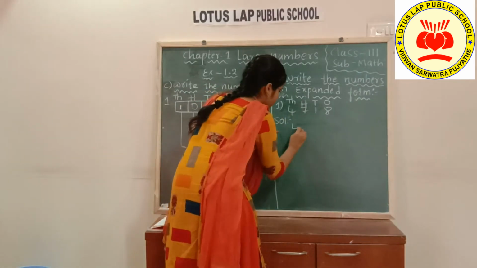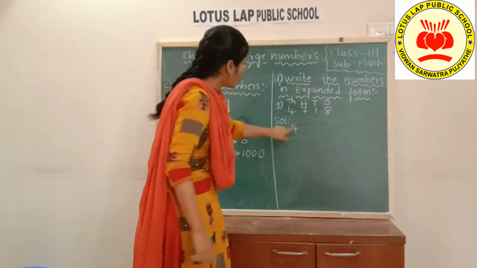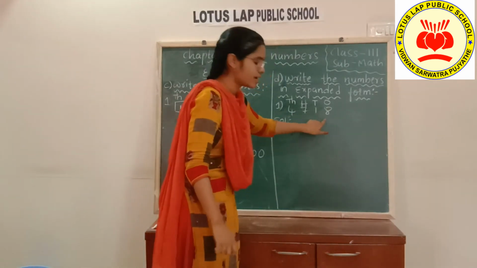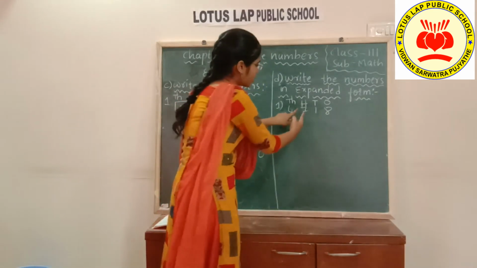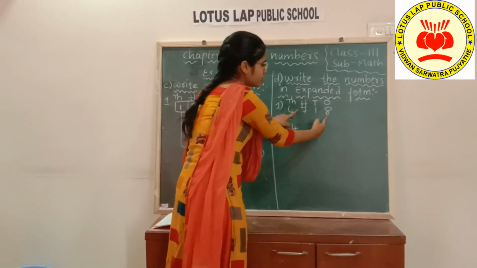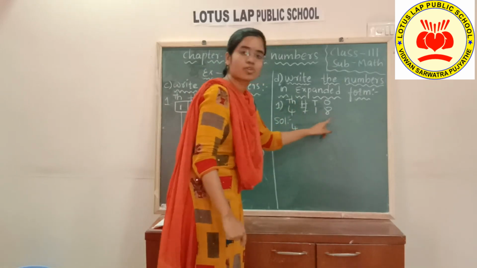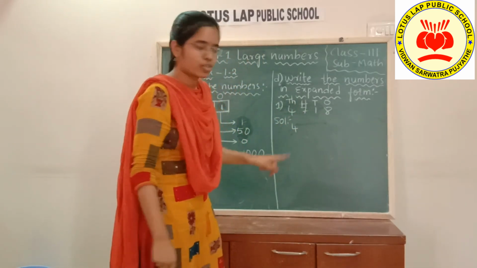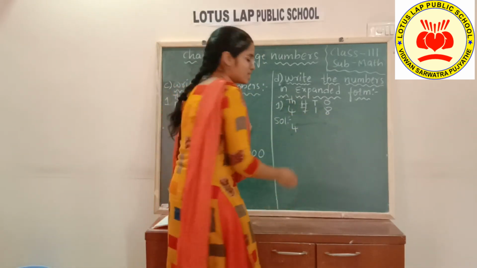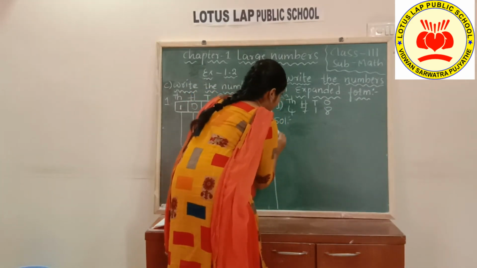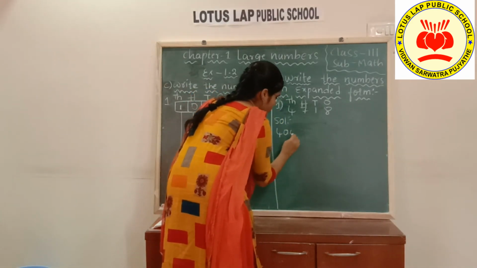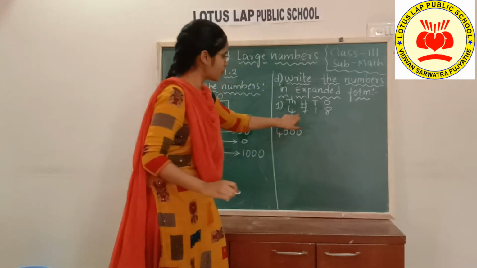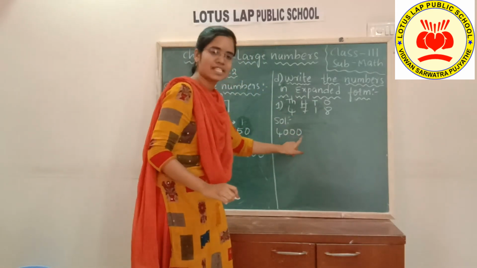Okay, 4 I am taking. After 4, how many digits are there? 1, 2, 3. So you replace those digits with zeros. 1, 2, 3 zeros. Instead of 3 digits, I am taking 3 zeros.